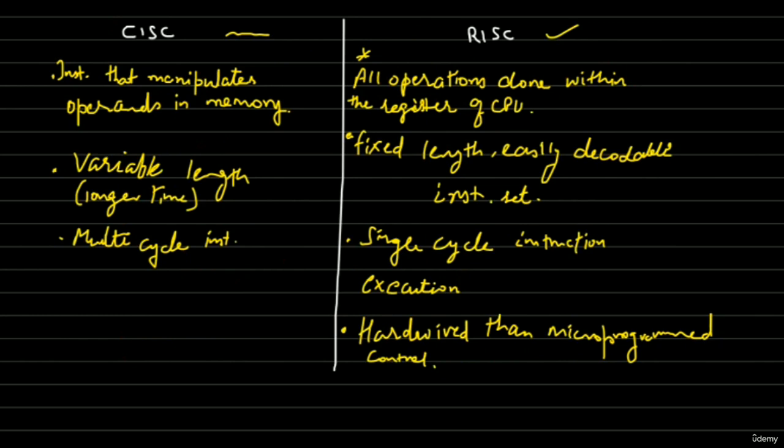Well, let me also tell you where RISC lags, because RISC seems like it has the advantage every way. So why is not everything in the form of RISC, and why is CISC so popular? Well, let me tell you that if you try to decode everything with a limited amount of memory, you are not actually allowing more things to come in.